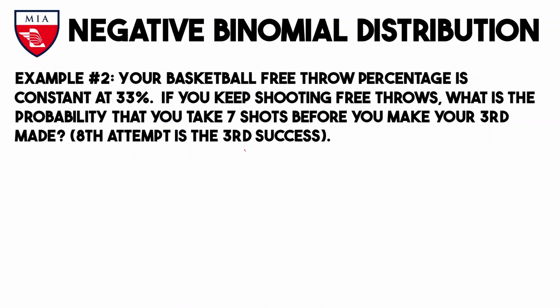So let's start with the given. We are given a percentage, and like I said, if there is a percentage, this is our probability. So our probability is equal to 33%. If we convert 33% to decimal, we have 0.33. For the x and k, what is the highest valued number?